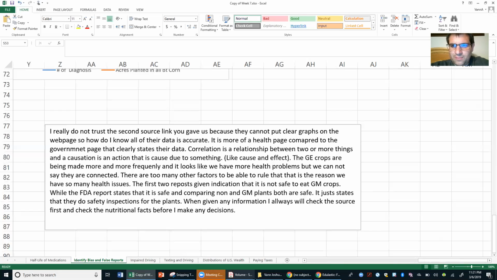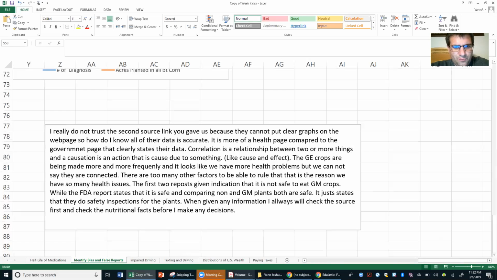The GE crops are being made more and more frequently, and it looks like we have more health problems, but we cannot say they are connected. There are too many other factors to be able to say that this is the reason we have so many health issues.